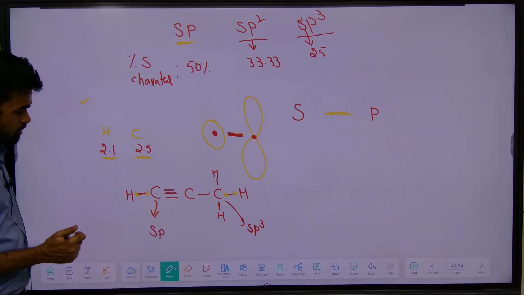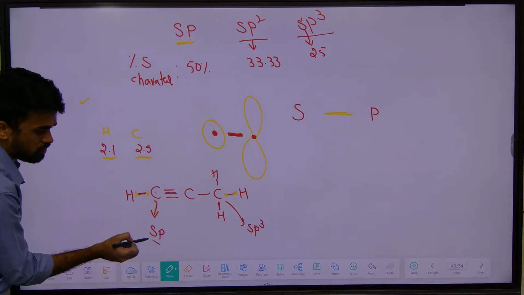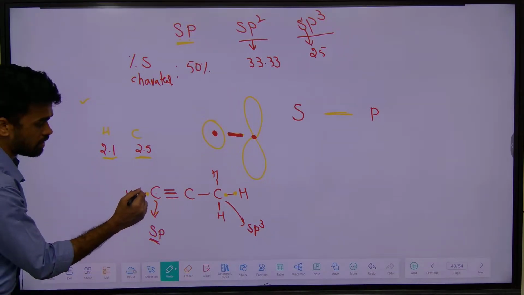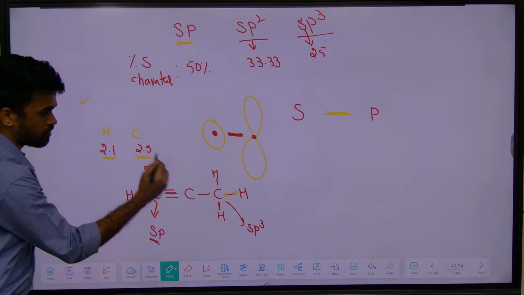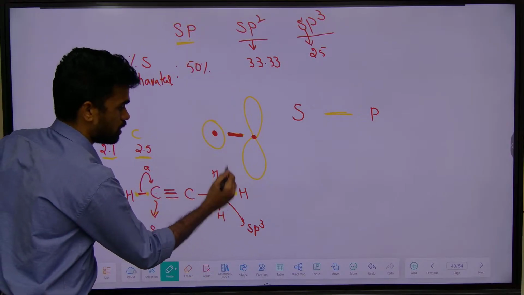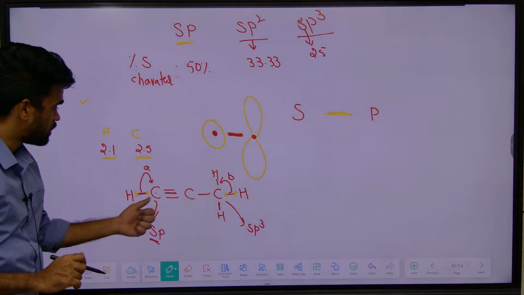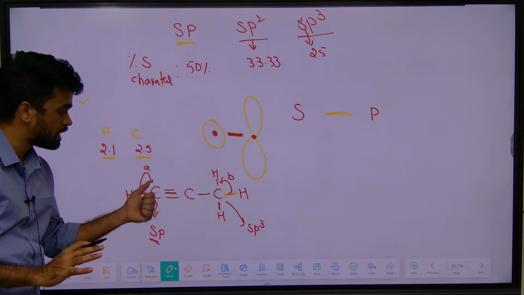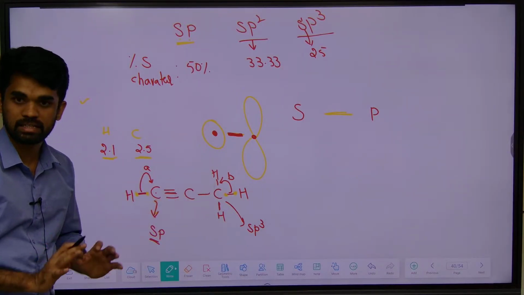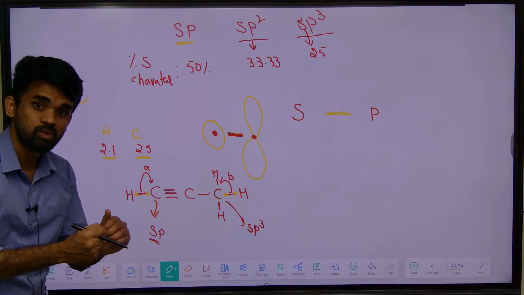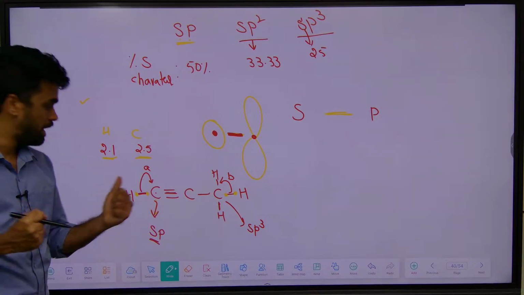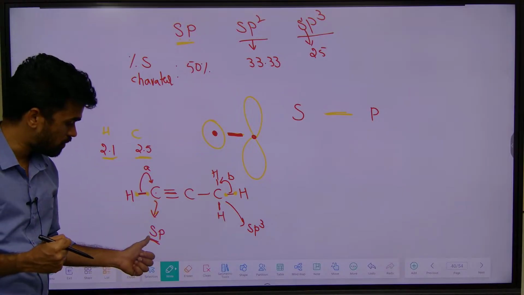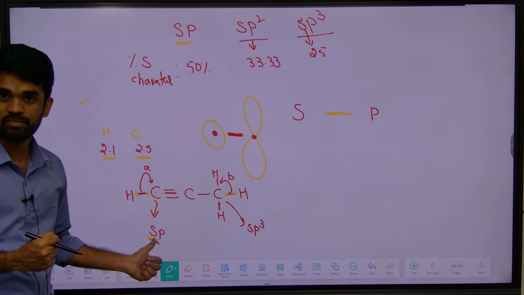Not only this, but also look at the hybridization which has more s character. We know clearly that the electronegativity of carbon is more than hydrogen, so the bonded electrons are taken by the carbon side in both cases. But which side is more effectively dragging towards carbon, the A side or the B side? The A side. Why the A side? Because of its more percentage of s character.